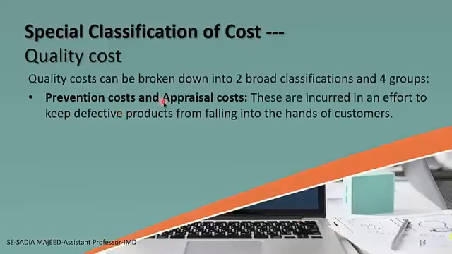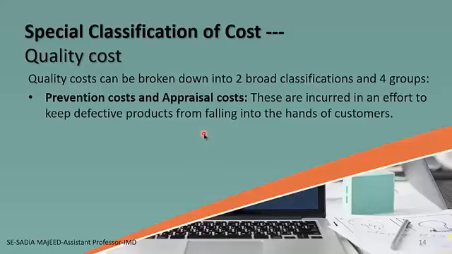The first classification of the quality cost includes prevention cost and appraisal cost. These are incurred in an effort to keep defective products from falling into the hands of the customer. That means prevention and appraisal cost are based on all those activities by which we try to make non-defective products.